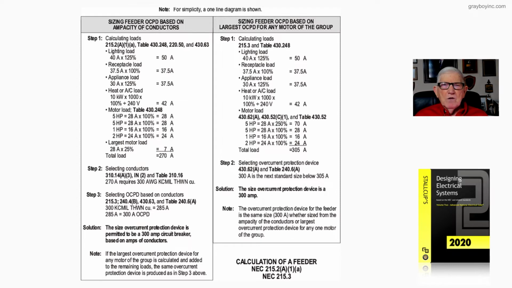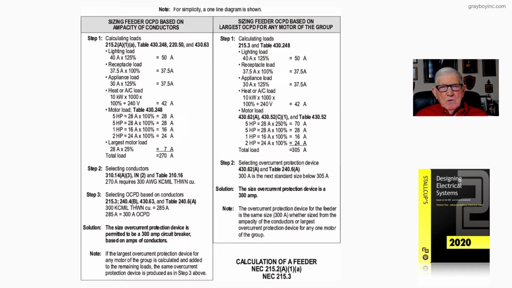The heating load of the air conditioner, we select the largest, so the heat is the largest. So if we take 10 kW times 1,000 times 100% divided by 240 volt, we come up with 42 amps, as the code tells us to do in 220.15.